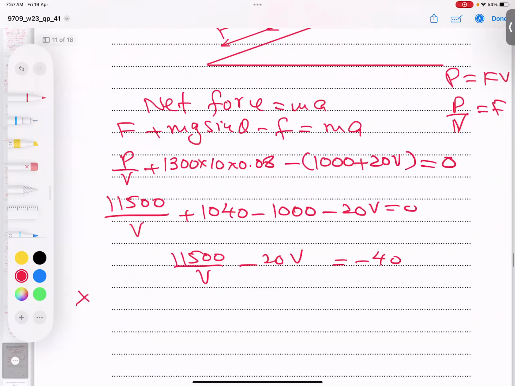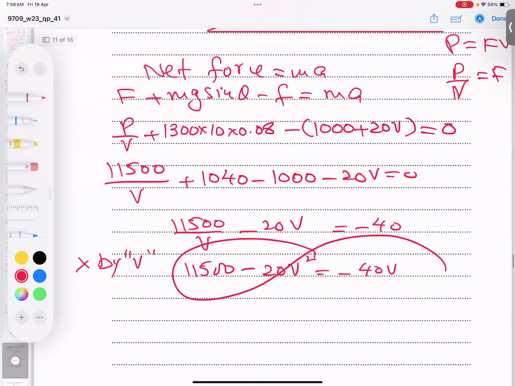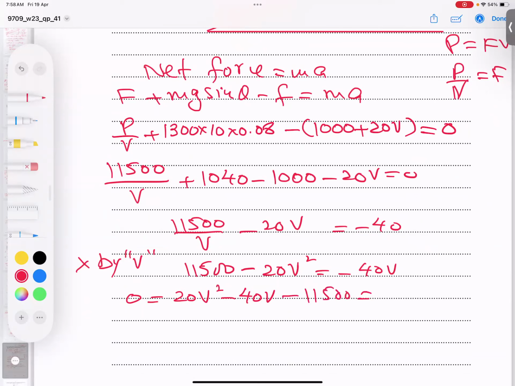So multiply by V in the whole equation. Into V here, this becomes 11500. Into V here, I get 20V squared. Into V here, I get negative 40V. Bring all there. So 20V squared minus 40V and negative 11500 equals 0, which we already have. So I think students up till here, okay.